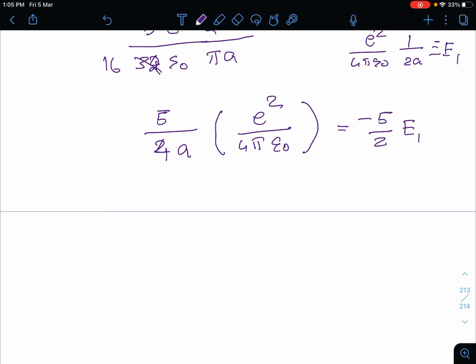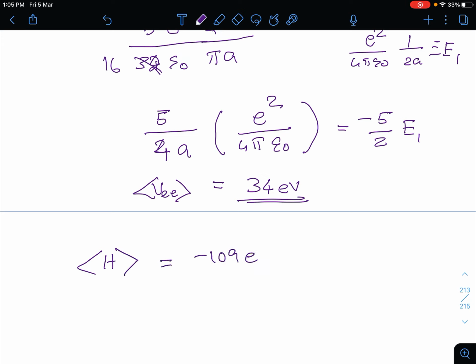So 5 by 2 E1 is 34 eV. Correct. So we got the expectation value of VEE as 34 eV. Now what is the expectation value of the Hamiltonian? That is minus 109 eV plus 34 eV, equal to minus 75 eV.